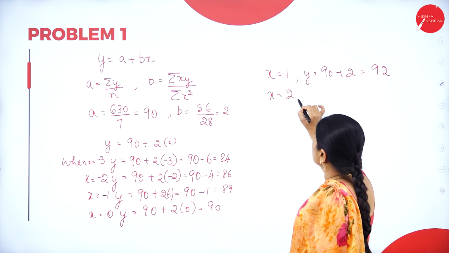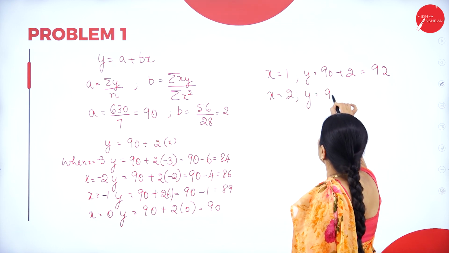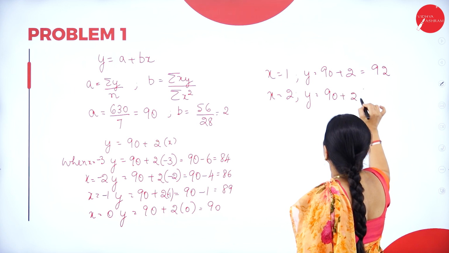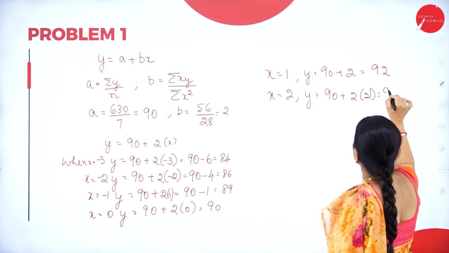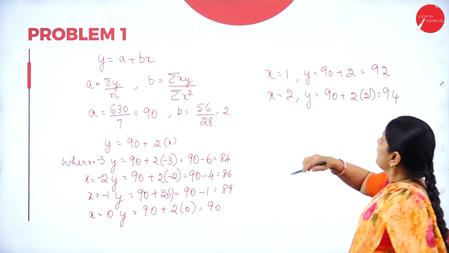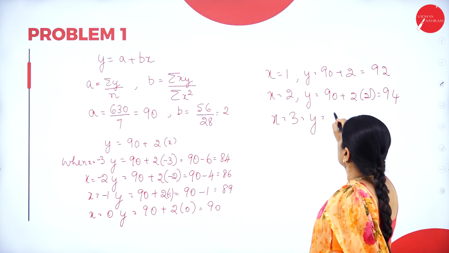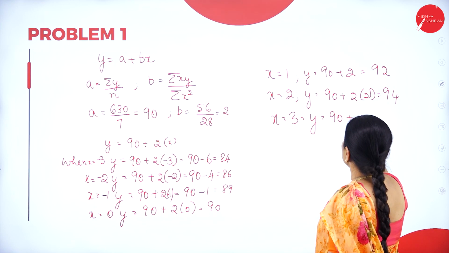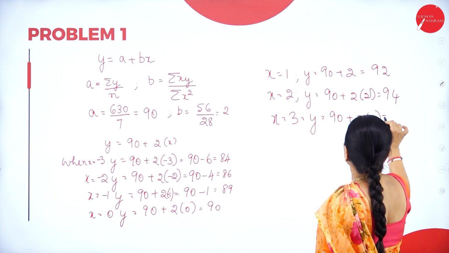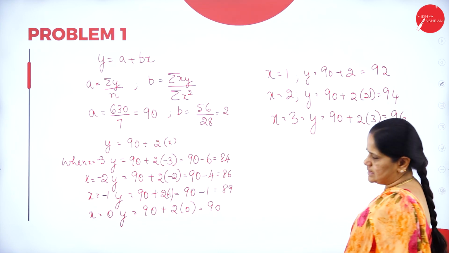X equals 2, y will be 90 plus 2 into 2, that is 94. Then when x equals 3, y equals 90 plus 2 into 3, that will be 96.